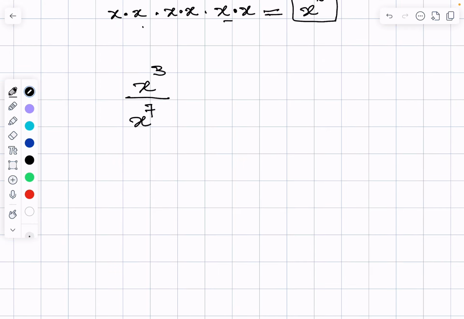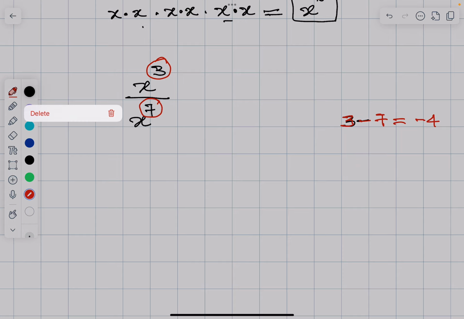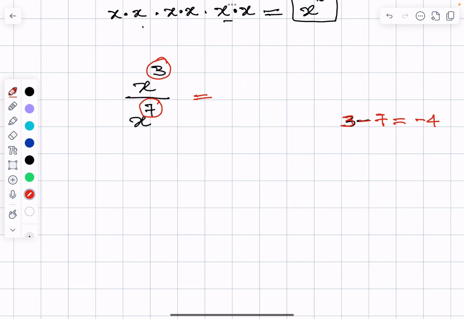So, 3, this 3 and over here 7. So, 3 minus 7 equals negative 4. So, the answer is x to the negative 4th power.